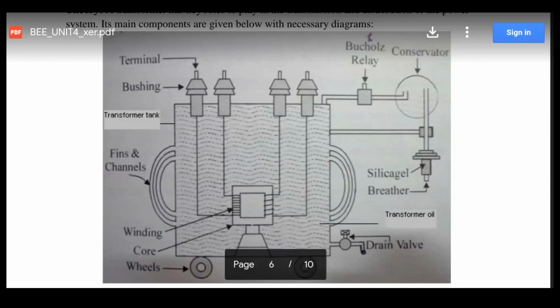Okay, the transformer can be in loaded condition or no load condition.